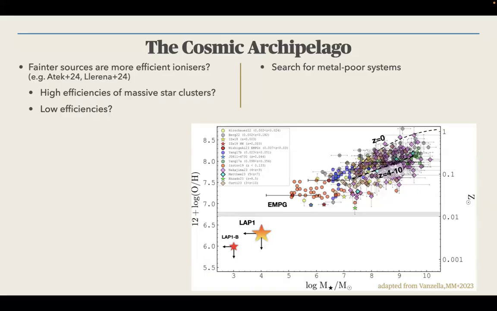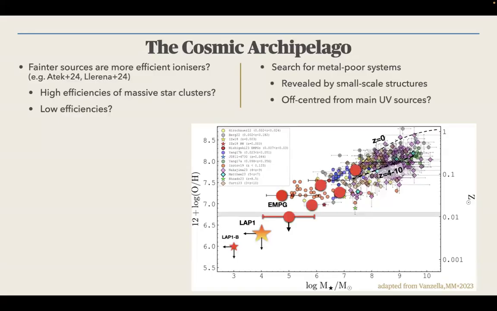Apart from these, there is, again, a lensed source. This one is the lensed source studied by Jaroslav Vanzella a few years ago. Again, very much magnified. If I put here the sources from the cosmic archipelago, they are clustered here at almost 1% solar metallicity and very low masses.